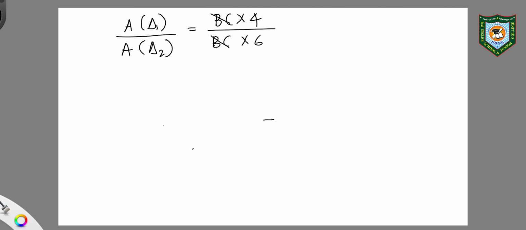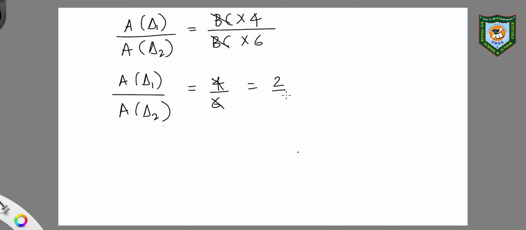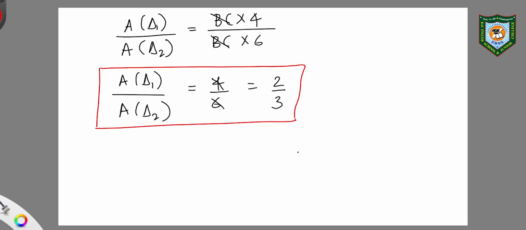So I am left with area of triangle 1 divided by area of triangle 2 is equal to 4 divided by 6. 4 and 6 have 2 in common, so I can simplify them and write them down as 2 divided by 3. So area of triangle 1 divided by area of triangle 2 is equal to 2 divided by 3.